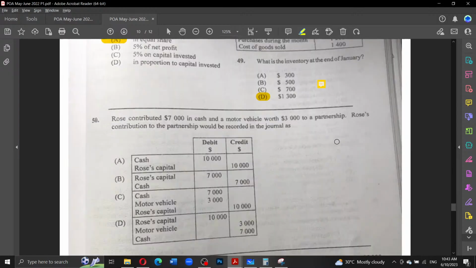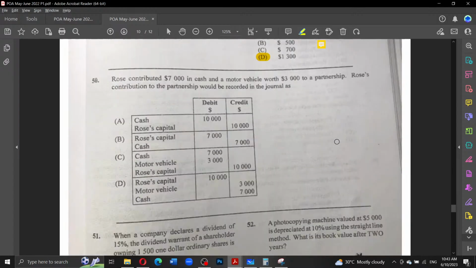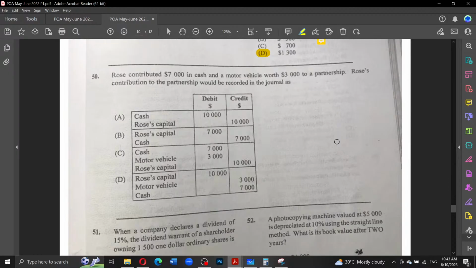Alright, so let's move on to 50. Rose contributed $7,000 in cash and a motor vehicle worth $3,000 to a partnership. Rose's contribution to the partnership will be recorded as so she invested capital value 10,000. When you invest capital in a business, you credit that.